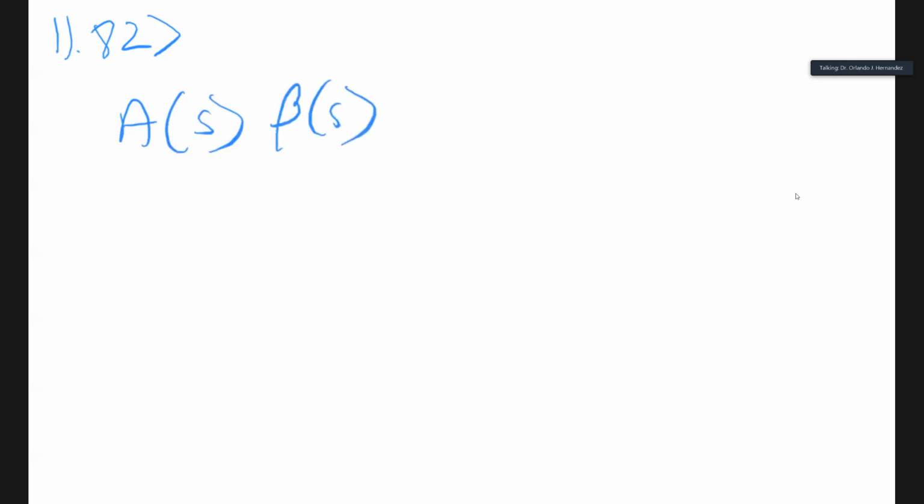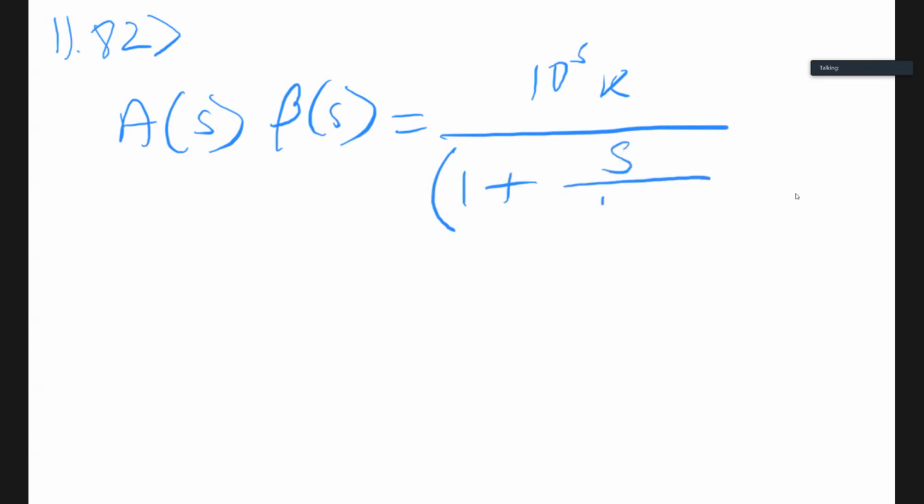So what we can write, in terms of the frequency dependent loop gain, A(s) beta(s), is equal to 10 to the 5th times K divided by 1 plus s over 10 to the 3rd, and all that is going to be cubed because we have 3 poles.